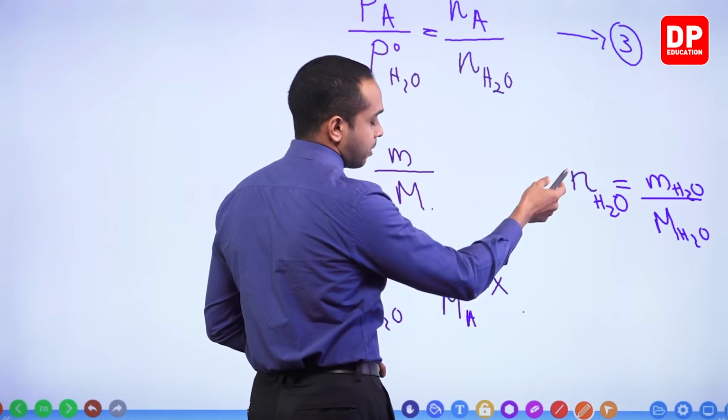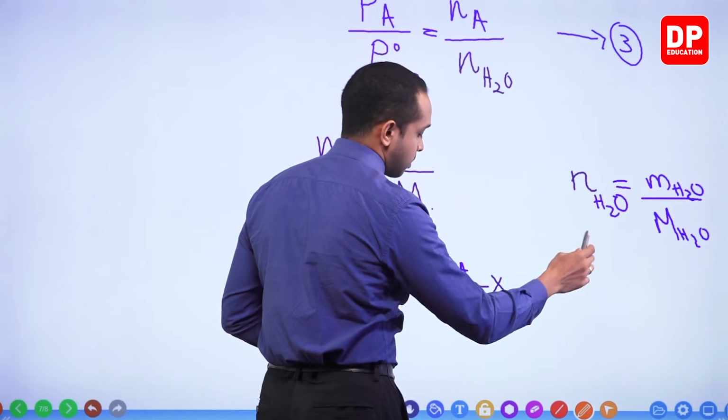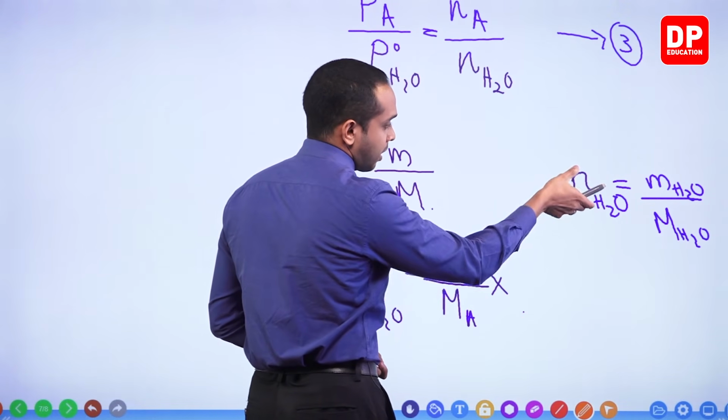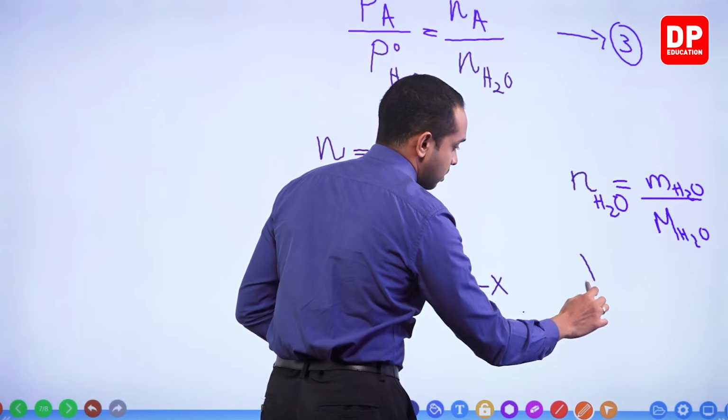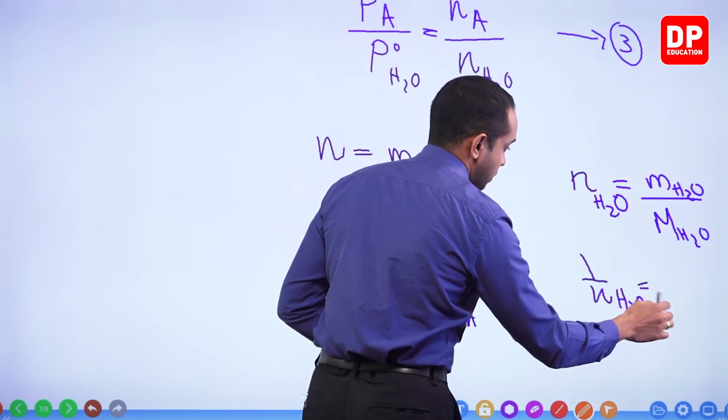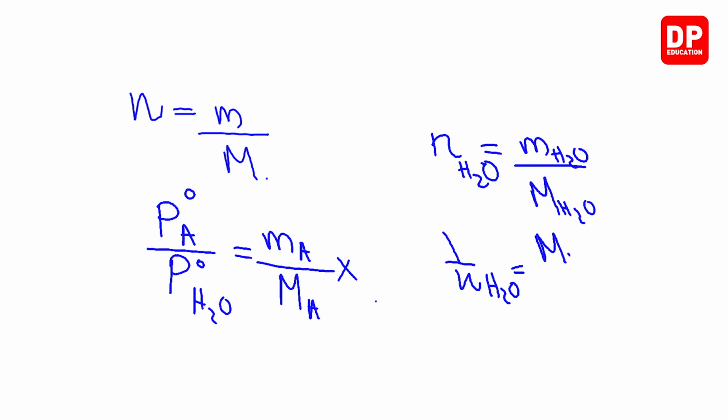Right? So since it is found as a part of the denominator, we can take the inverse of this, 1 over NH2O, which is going to be capital MH2O divided by simple MH2O.